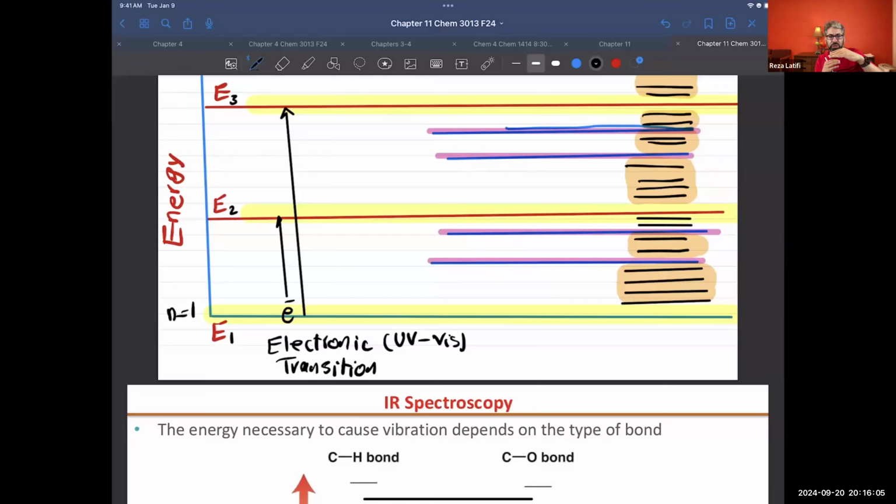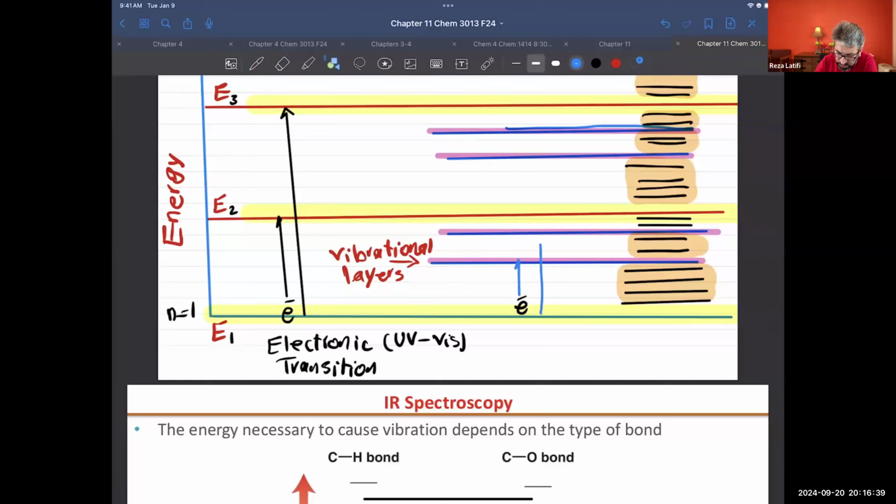Between two layers of level of energy, you have a bunch of vibrational layers. So those are going to be vibrational layers. For example, I'm taking one electron that used to be here, and I'm sending that electron to this layer.